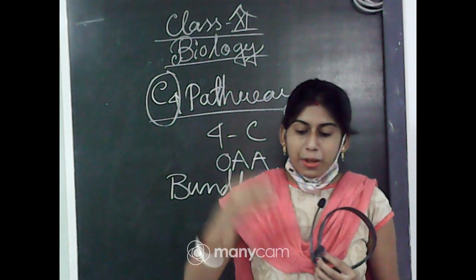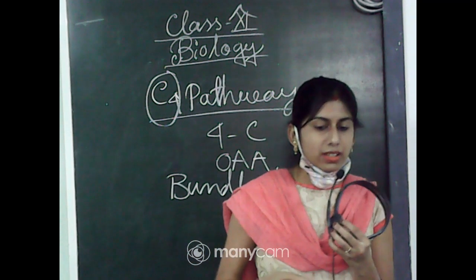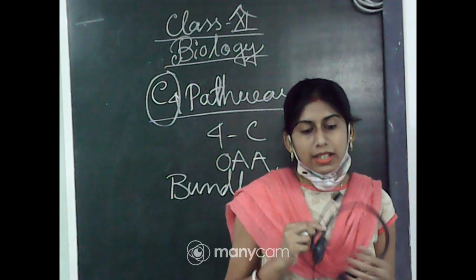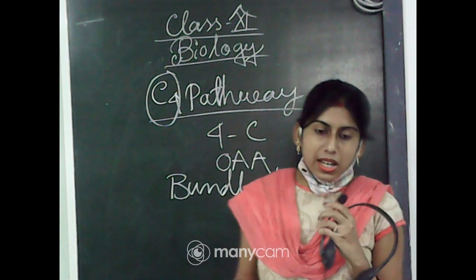That's why the bundle sheath cell will be on the inner side, so that the Calvin cycle can take place inside the bundle sheath cell.